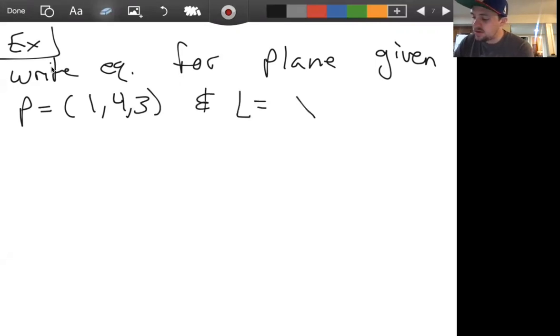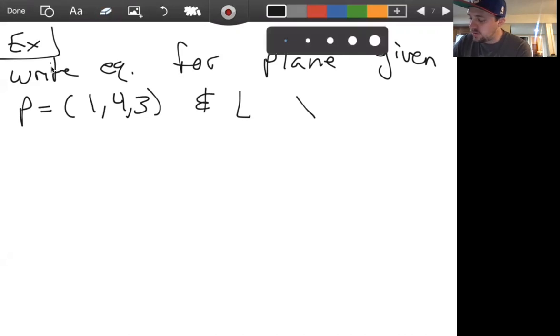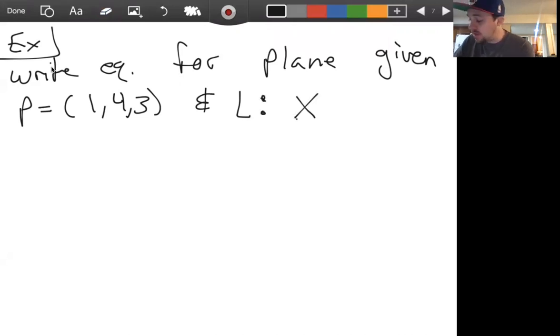We'll write this in symmetric equations. L is given by the symmetric equations x = (y - 1)/2 = z + 1. Right, this is a symmetric representation of a line in Cartesian coordinates.